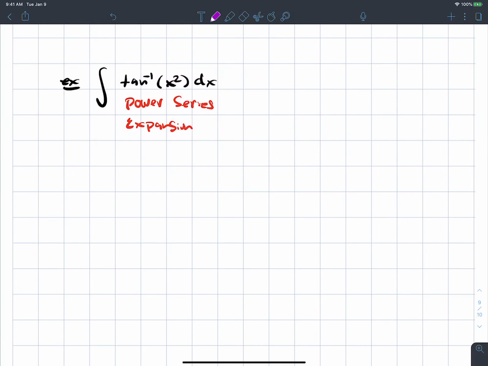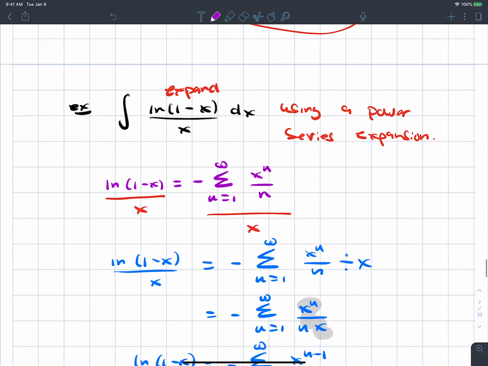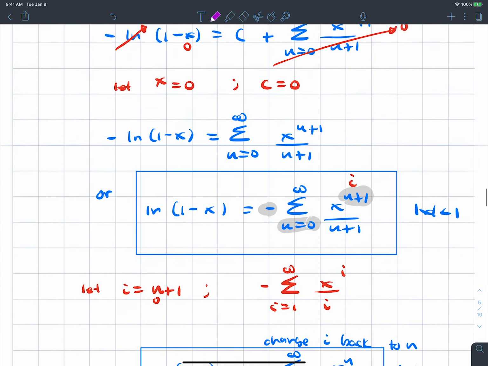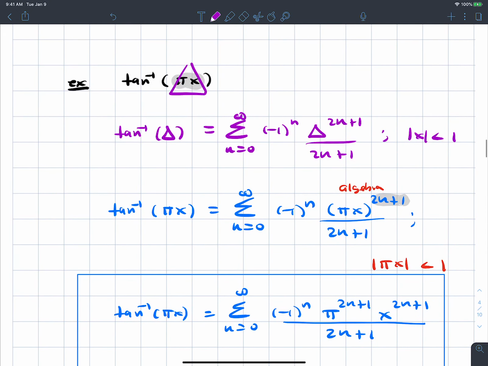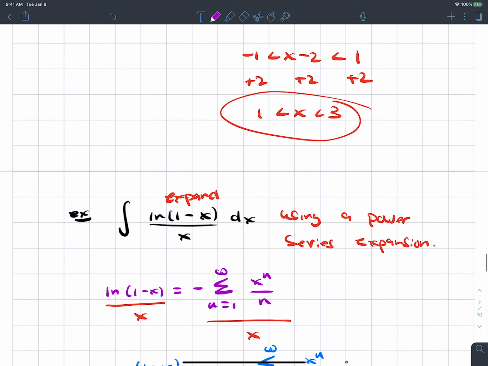And remember, we know inverse tangent of anything, we already proved. If we go back here, there's an inverse tangent function. There we go. We're going to use this, where it's alternating, and it's a base to the 2n plus 1 over 2n plus 1.